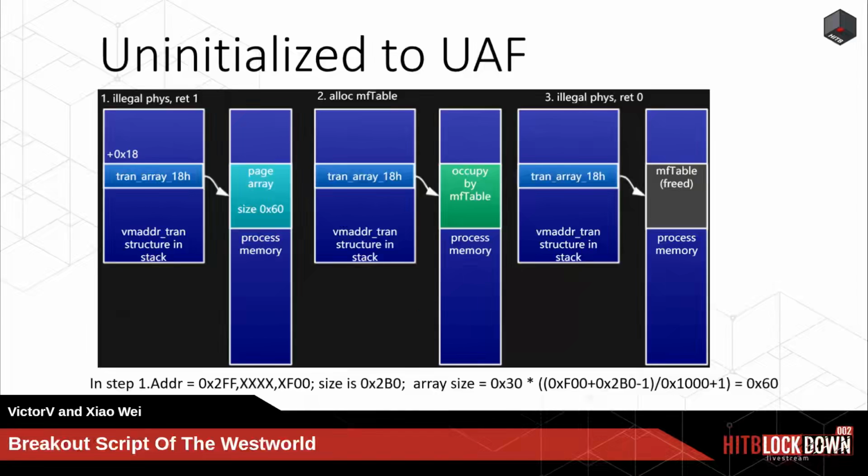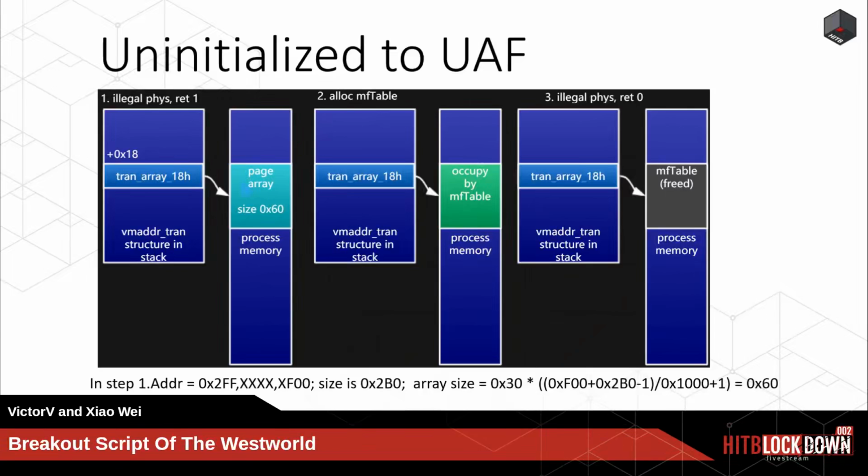To exploit, we need to transfer it to a UAF bug. Here are the details. Firstly, we give a wrong physical address like this. Then the translation function will allocate a heap with size 0x60 and assign it to field 18H, and the heap will be freed in the release function.